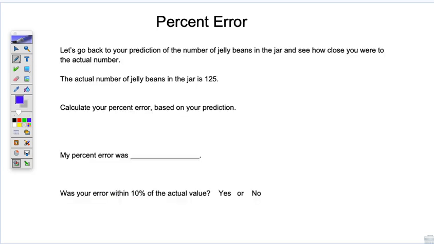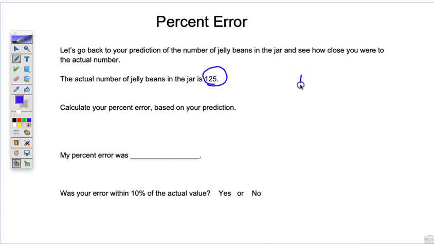Now let's go back to that prediction you made on the number of jelly beans in the jar. And let's see how close you were to the actual number. The actual number was 125. Let's calculate your percent error based on your prediction. Now my prediction was that there were 80 in the jar.